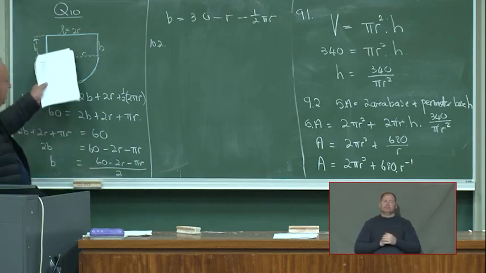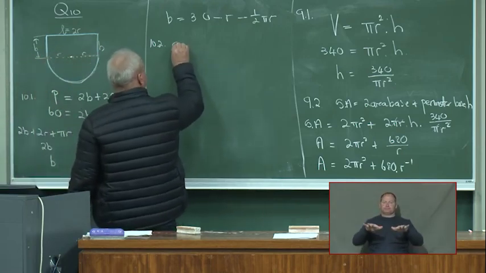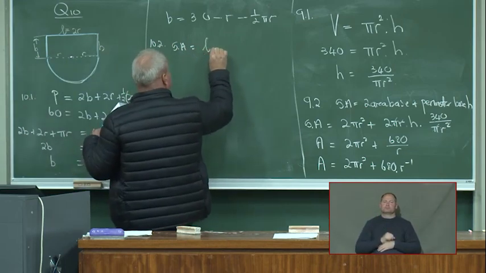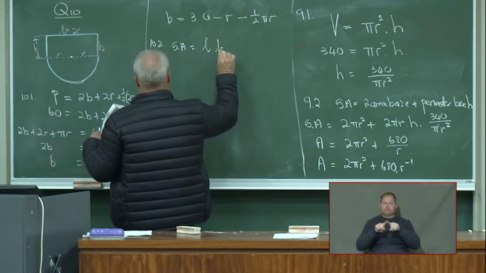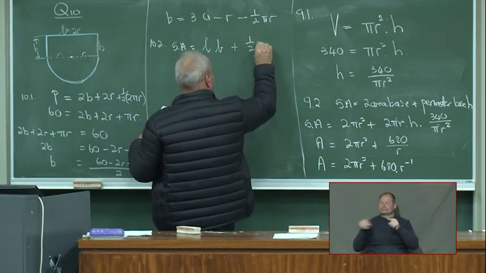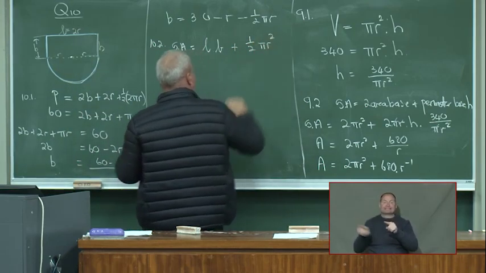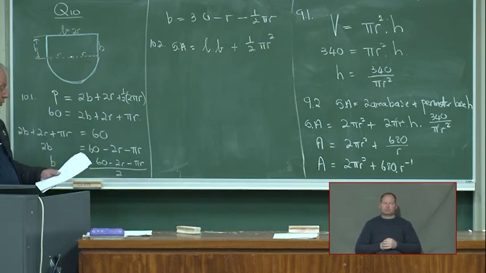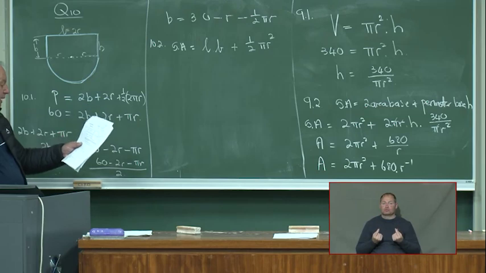So what is the area of the stage? The surface area is the area of the rectangle, which is length times breadth, correct? Plus the area of a semicircle, which is a half pi radius squared. Agree? Are you with me? Right, now what we need to do is find the formula.